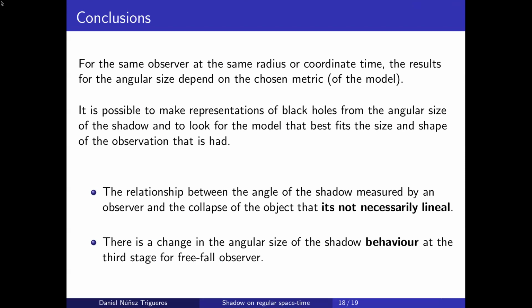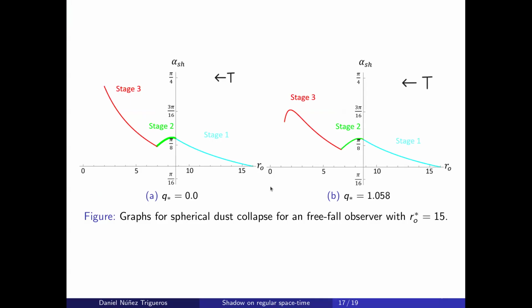Also, you could imagine that there is a relation between the collapse and the angular size of the shadow. As you make an object smaller, you imagine that you will see something smaller, but it's not always the case in Hayward. That is the case of the free fall observer, where the collapse is continuing, but the observer sees an object whose angular size is increasing and decreasing.